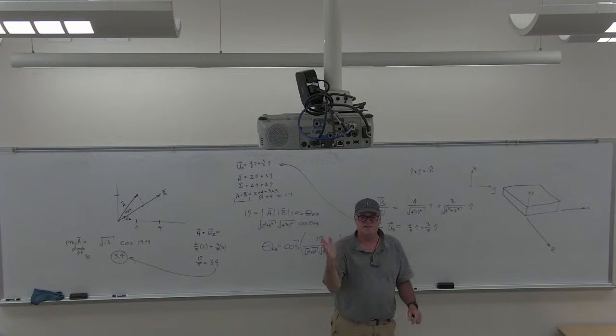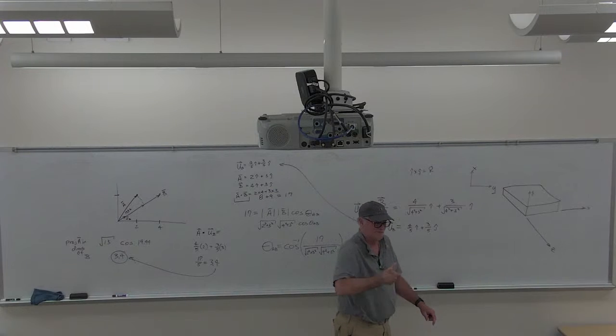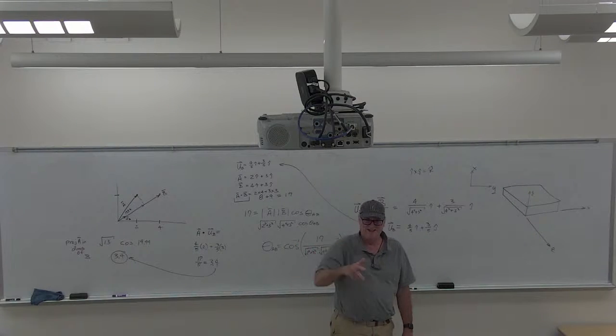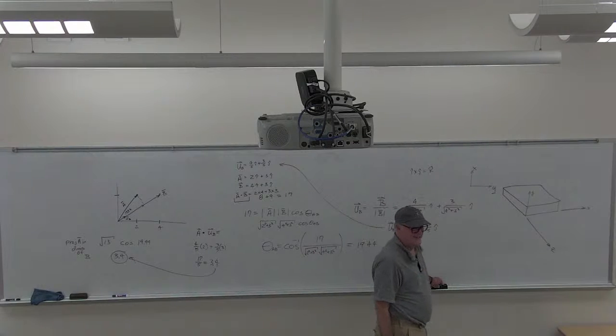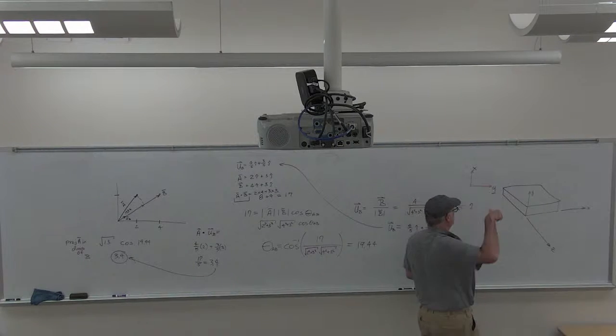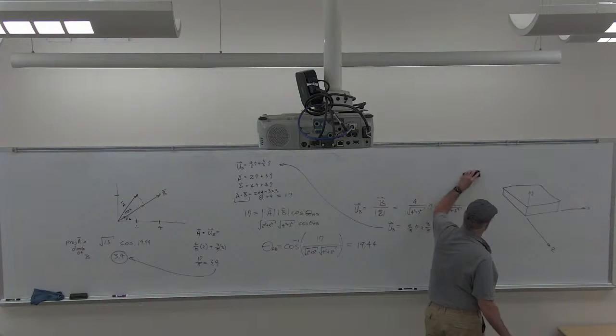But that's the right-hand rule. Now if we do some weird thing with that x and y, then the z goes the other way. It makes you crazy, doesn't it?